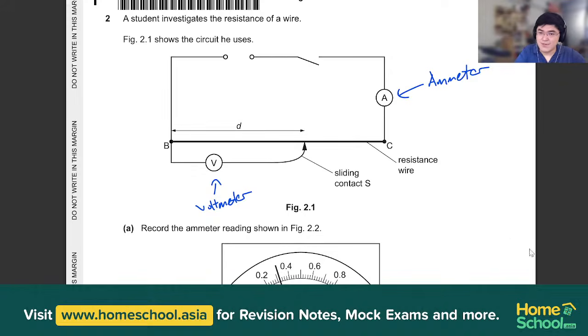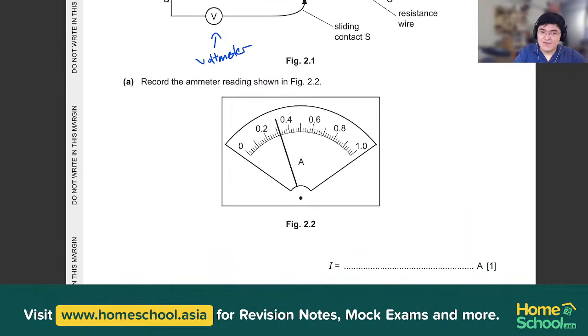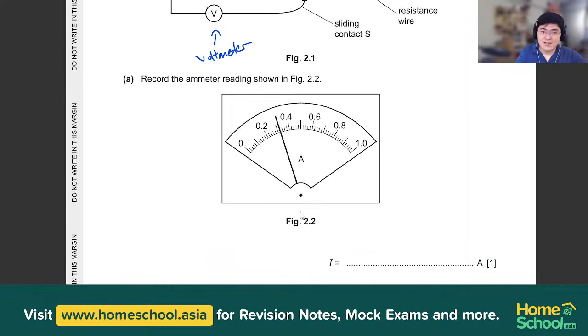All right, so let's move down to part A. As seen in the ammeter, it has this reading right now, so we are to record this ammeter reading here. This ammeter reading is very straightforward to read. You can see the markings are in graduations of 0.1 amperes over here, so this is 0.1 over here and 0.2 here, 0.3 here, and so on and so forth.